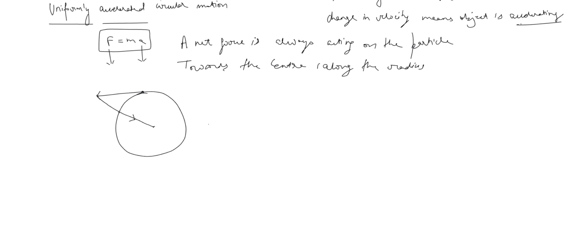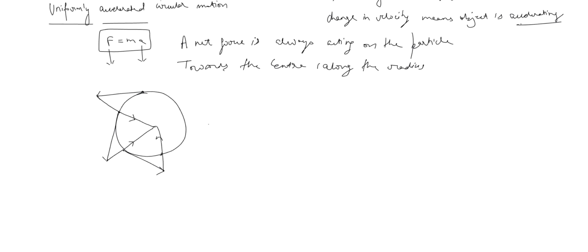From here, the particle will try to move tangentially, but that force will again act and it will bring the particle to the radius. Now from here, when the particle will try to move, the force will again bring that particle toward the center.